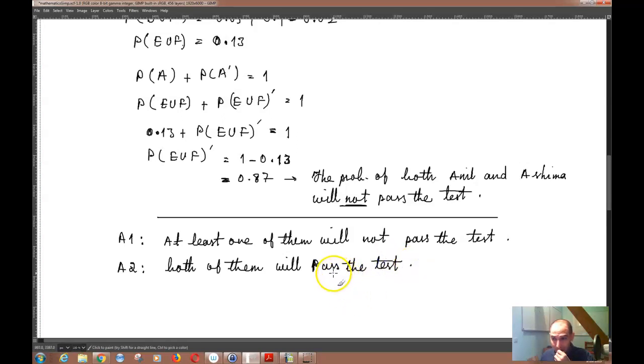What that means is that, in order to get from such events to such an event, I need to tell you that A1 and A2 are complementary events.